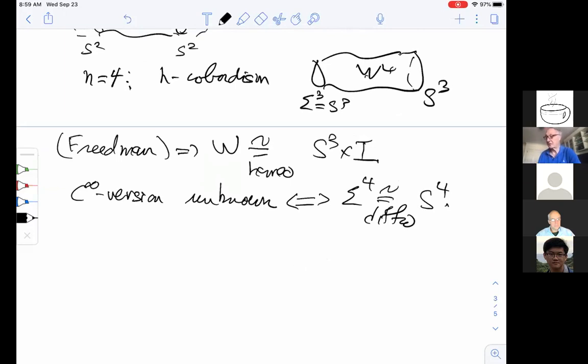So the C infinity version is wide open, just as the smooth version of classifying homotopy 4-spheres is wide open. Okay, so that's n equals 4.